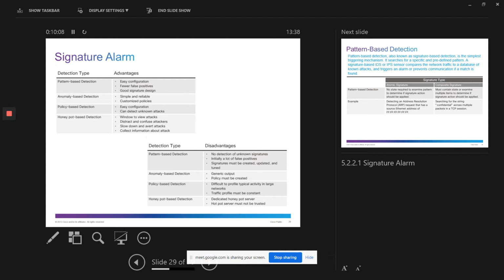And initially you can get a lot of false positives as well. False positive means whenever they detect that something is going on, and these are their disadvantages. You can read more about this on the NetAcad website. Lots of information is given there as well.